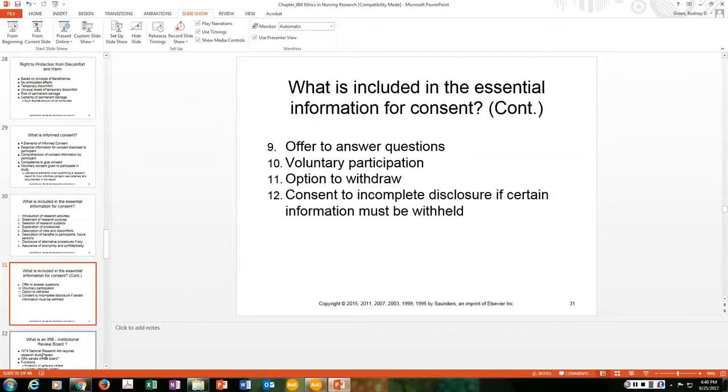They have an option to withdraw at any time without penalty or loss of benefit to which they are entitled. And they consent to complete disclosure. Consent to incomplete disclosure if certain information must be withheld.